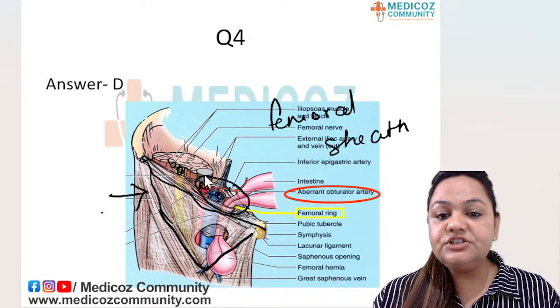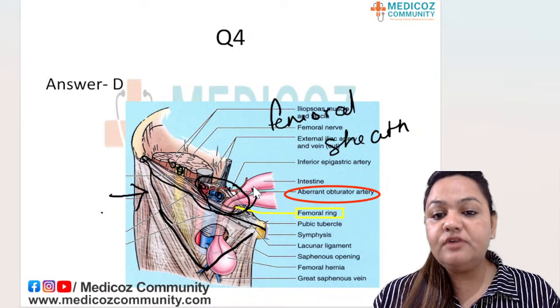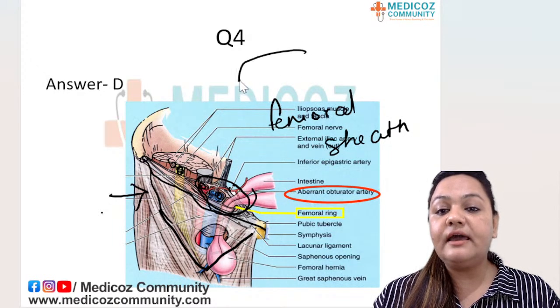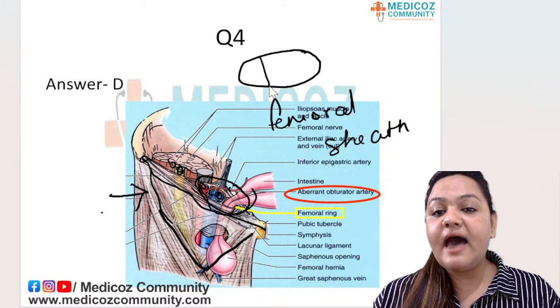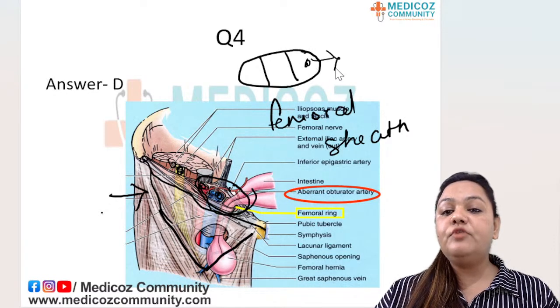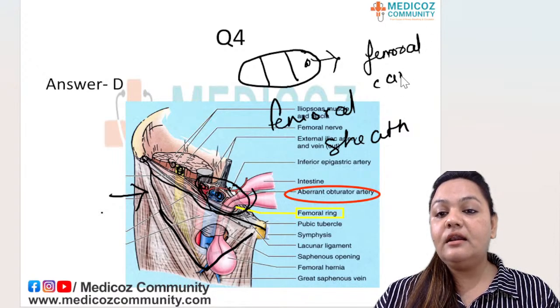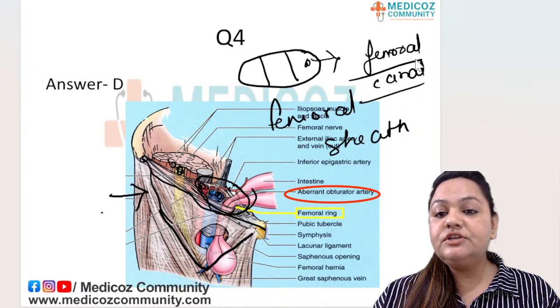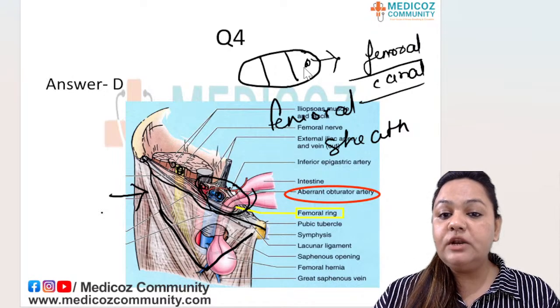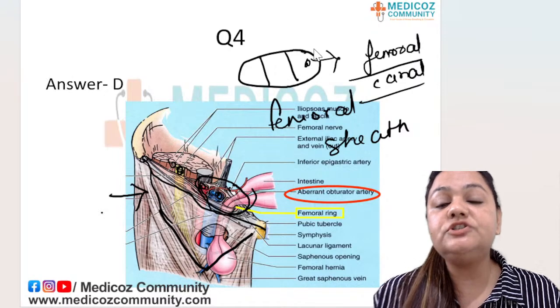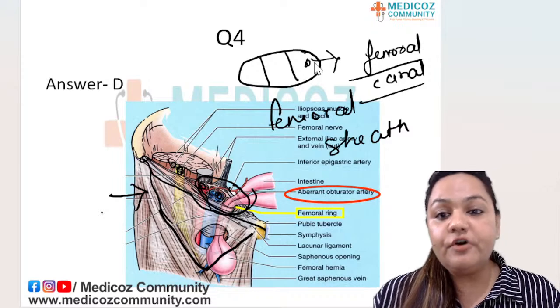Now this femoral sheath has an opening here which is called the femoral ring, and this femoral ring has 3 compartments, and the medial most compartment of this femoral ring is called the femoral canal. Okay, so this femoral canal only contains a lymph node which is called the lymph node of Cloquet.